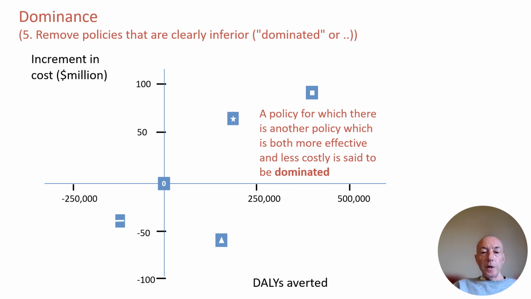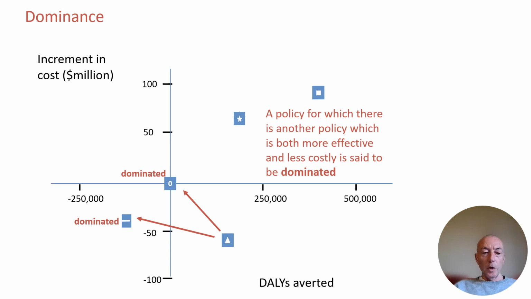Now, a policy for which there is another policy which is both more effective and less costly is said to be dominated. So you can see here the arrows going from one policy to two other policies, both of which are more costly and result in less population health than the policy from which the arrows come.